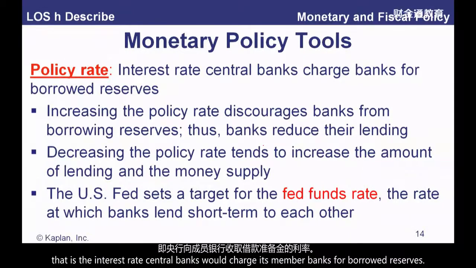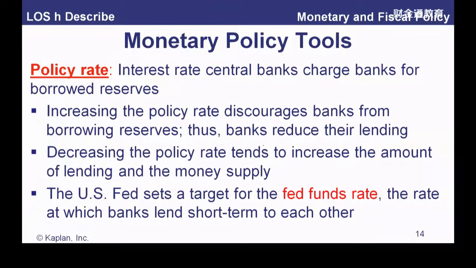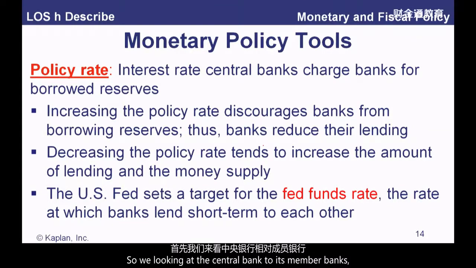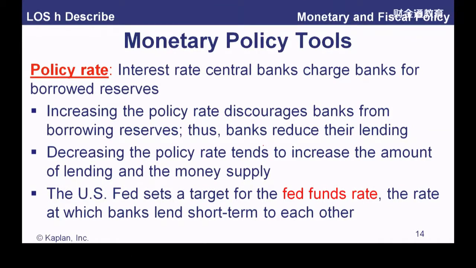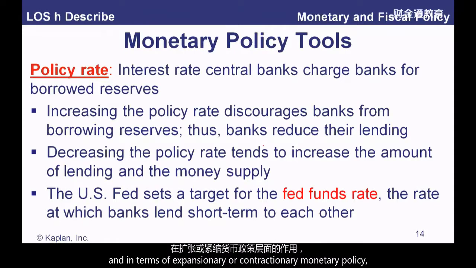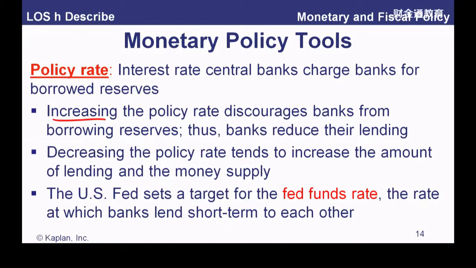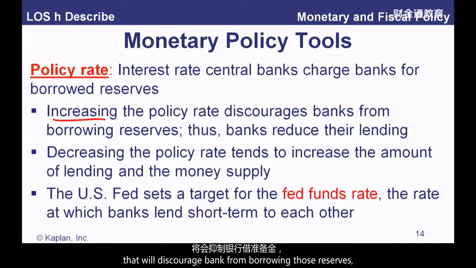That is the interest rate that a central bank will charge its member banks for borrowed reserves. So we're looking at the central bank to its member banks. In terms of expansionary or contractionary monetary policy, if the central bank increases the policy rate, that will clearly discourage banks from borrowing those reserves. It costs more.